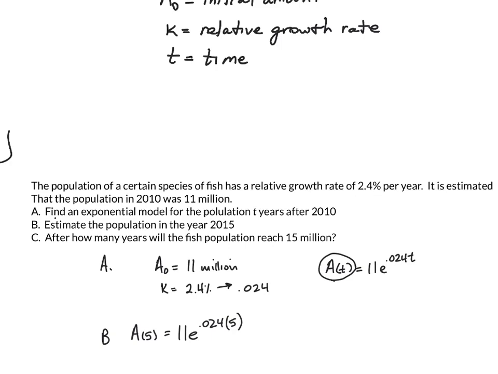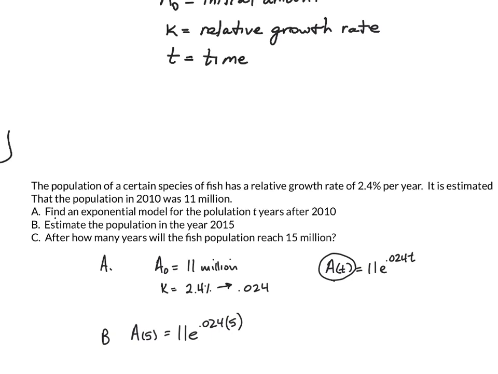This is just like saying we started with, if this were continuously compounding interest, we start with $11, interest rate of 2.4%. How much money is there going to be in 5 years? Pretty much exactly the same thing. It's a calculator problem now at this point. So you would type this into a calculator.